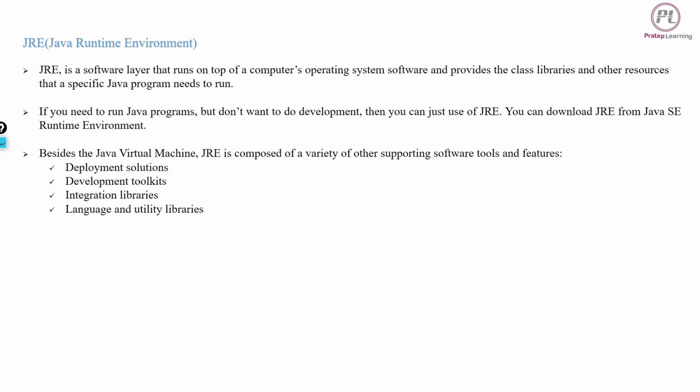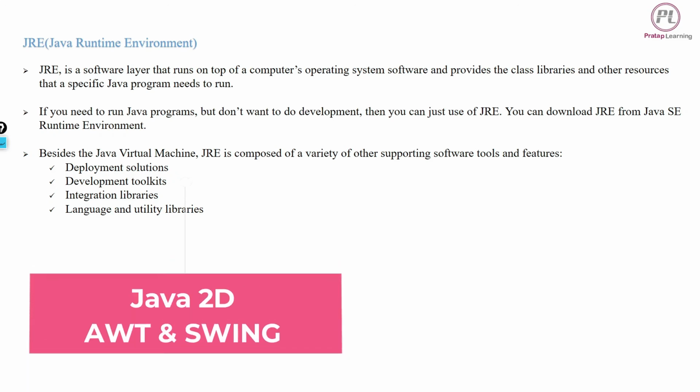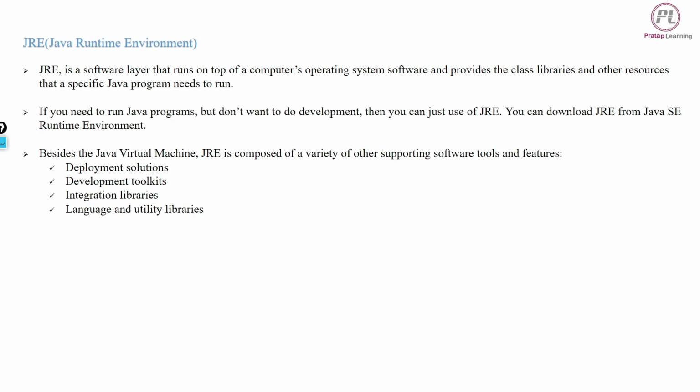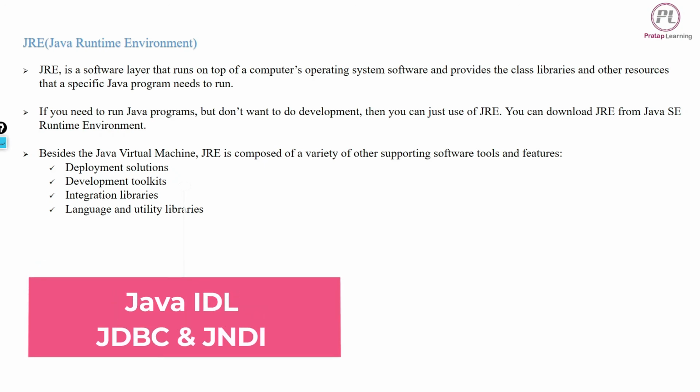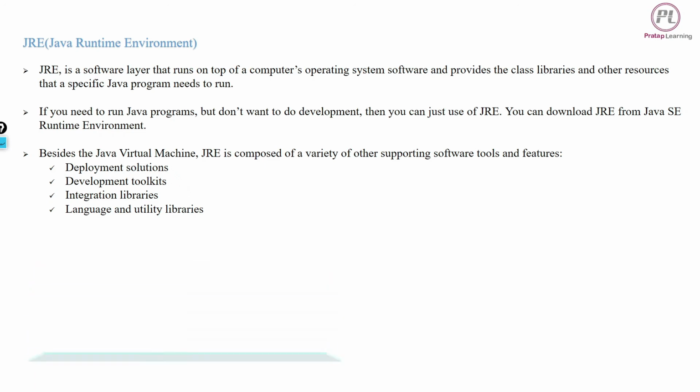Next is development toolkits. In development toolkits, we get support of Java 2D, AWT, Swing. Next is integration libraries. In integration libraries, we get support of Java IDL, Java Database Connectivity, JDBC API, Java Naming and Directory Interface, that is called JNDI.